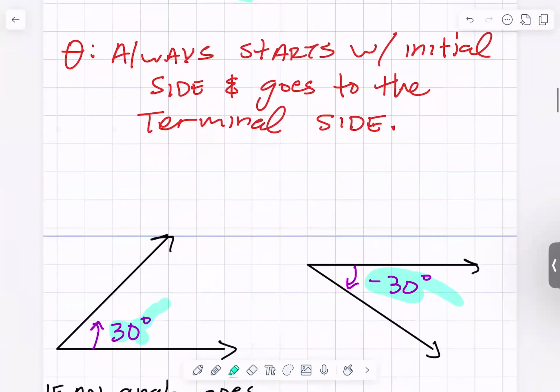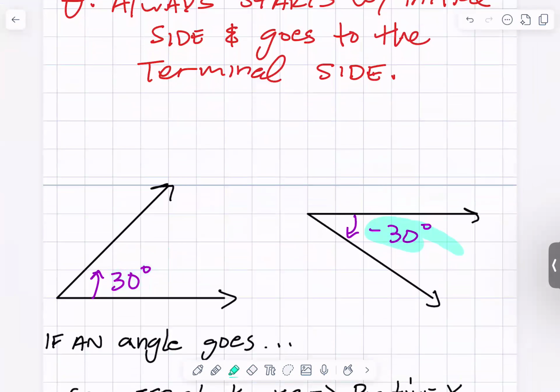So if you move counterclockwise from your initial side, that's positive 30 degrees, if that's 30 degrees right there. And if you move clockwise from your initial side, then it's negative 30 degrees.